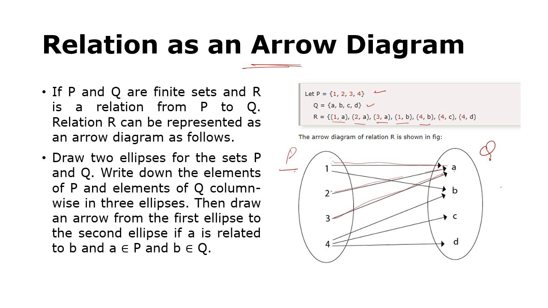Then 1B, 4B. So there is a line from 1 to B, there is a line from 4 to B, right? These arrow marks indicate that this is a relation from set P to set Q. Then we have 4C and 4D. So there's an arrow from 4 to C and there's an arrow from 4 to D. So these are the arrow diagrams, right?